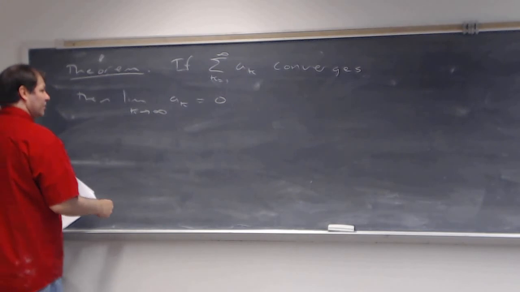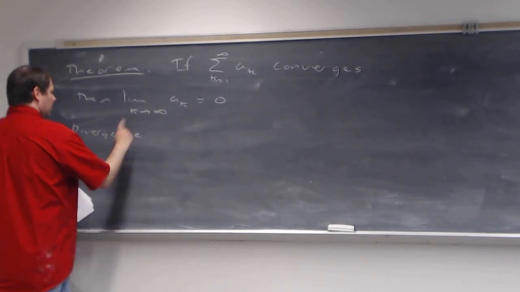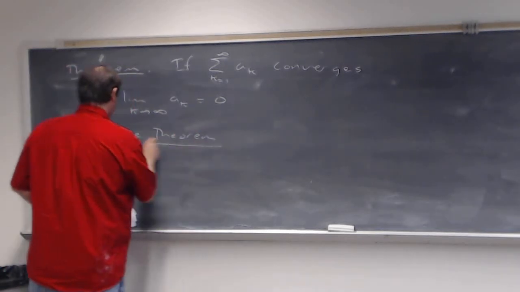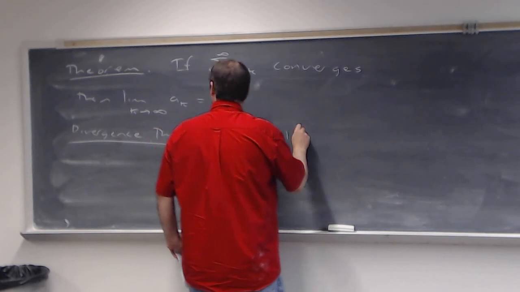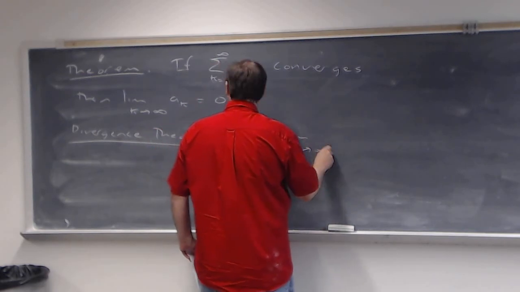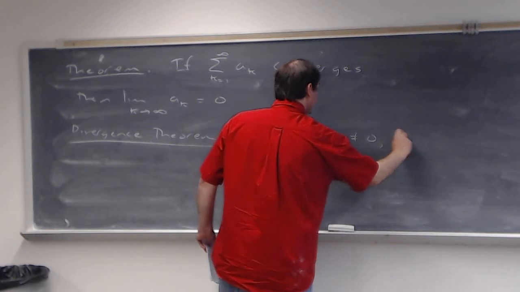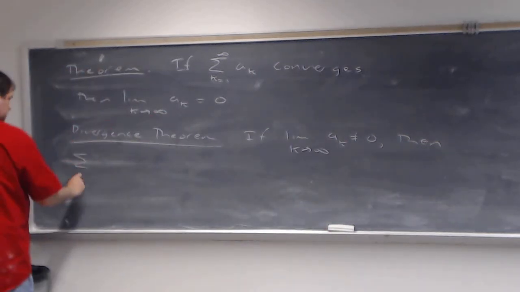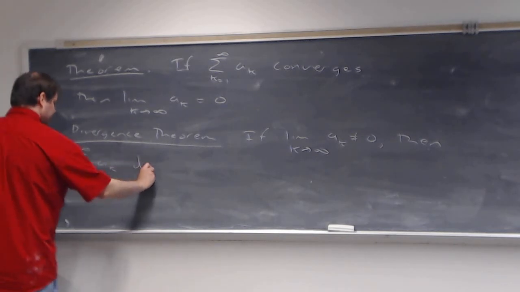I called it the divergence theorem, but essentially what we say to the students is the contrapositive of this statement. We say, if the limit as k goes to infinity of a sub k is different from 0, then this series, the sum as k runs from 1 to infinity of a sub k, diverges.